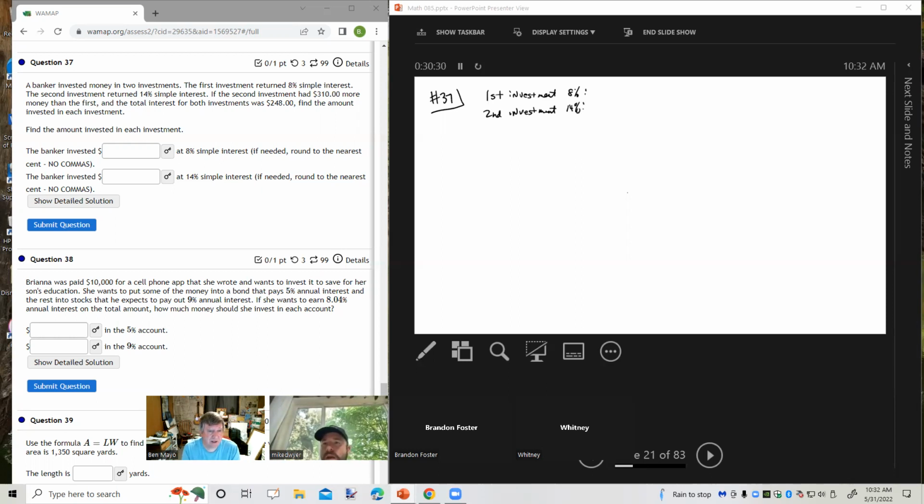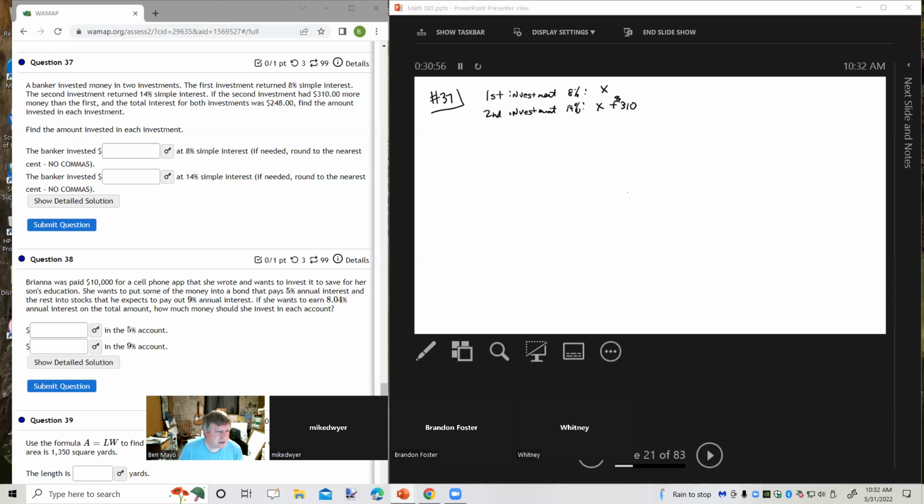We know that the second investment is $310 more money than the first investment. So if we call the first investment X, the second investment's amount would be X plus $310. All right, so now we know the amount of each investment. The first investment is X, the second investment is X plus $310.